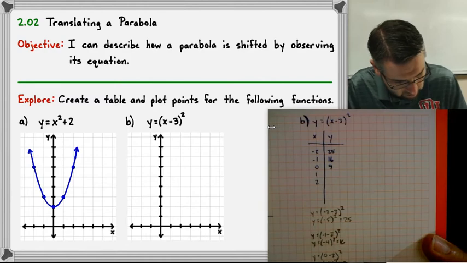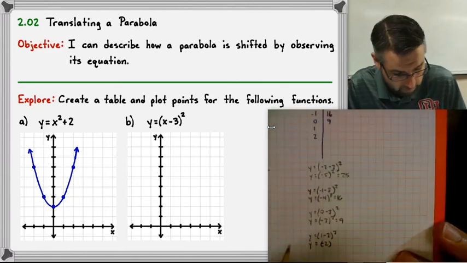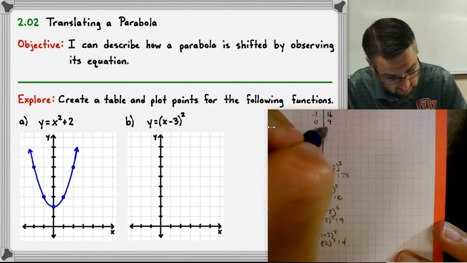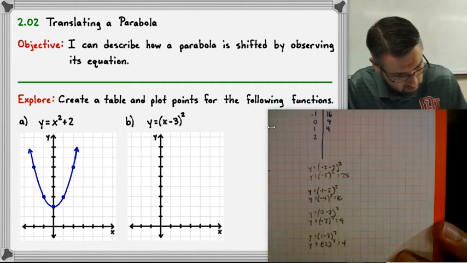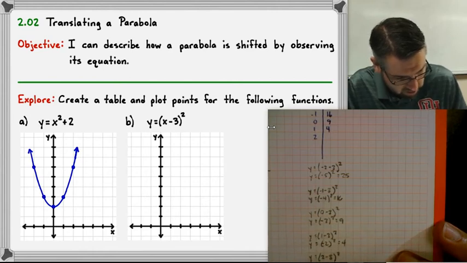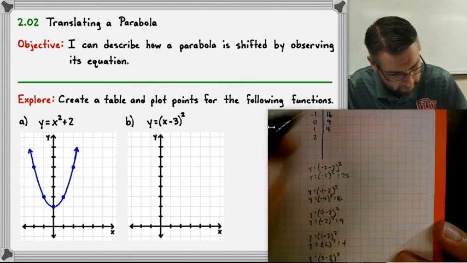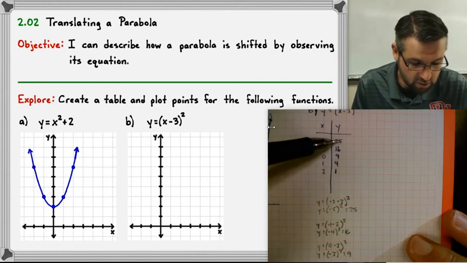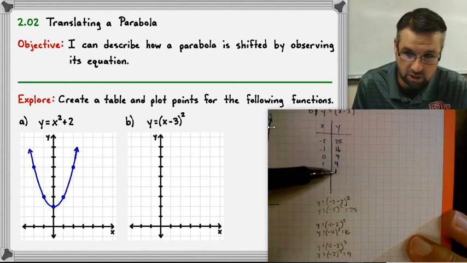Let's plug in 1. So we get (1 minus 3) squared. So that's going to be (-2) squared. Running out of room here. Which is 4. So we can fill out our table there for 4. And then we'll do 2. So y equals (2 minus 3) squared, which is (-1) squared, which is 1. Now, I notice in my table that the values keep going downhill, downhill, downhill, downhill.